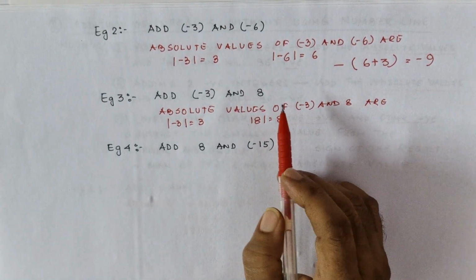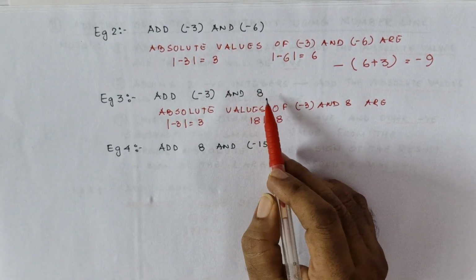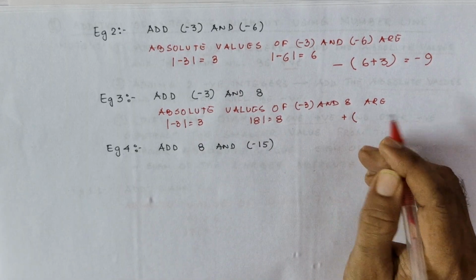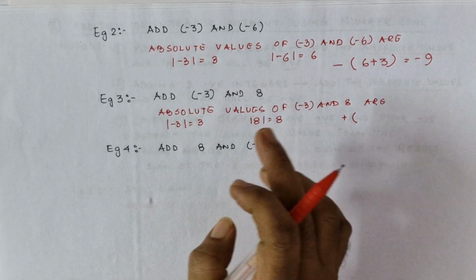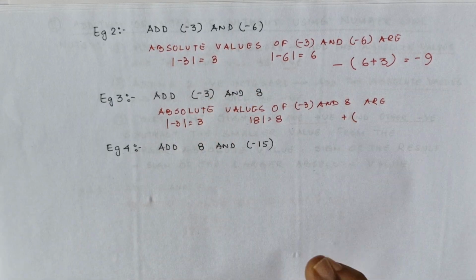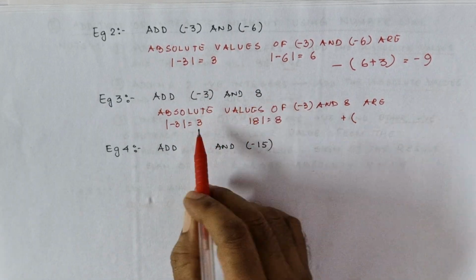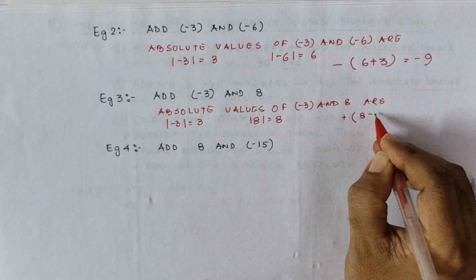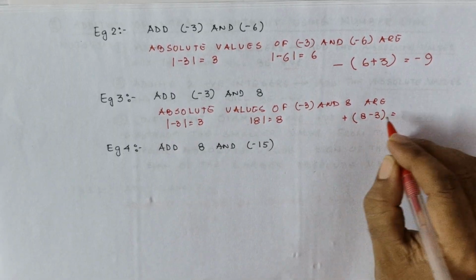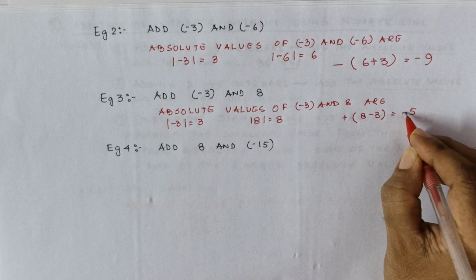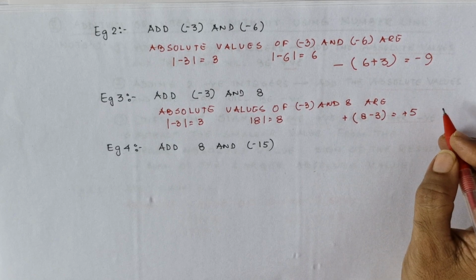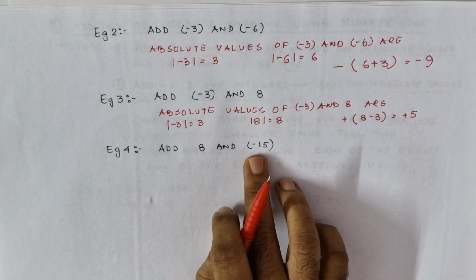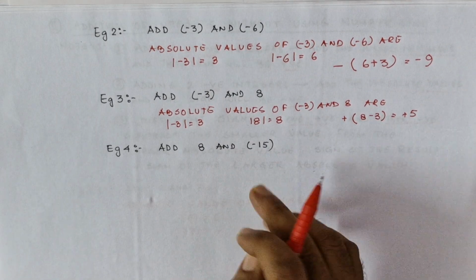What is the sign of the larger integer? It is positive, so I'll put positive. If one is negative and one is positive, we need to subtract the smaller from the larger of the absolute values. So the answer will be positive 5, or you can simply write 5. Got it?